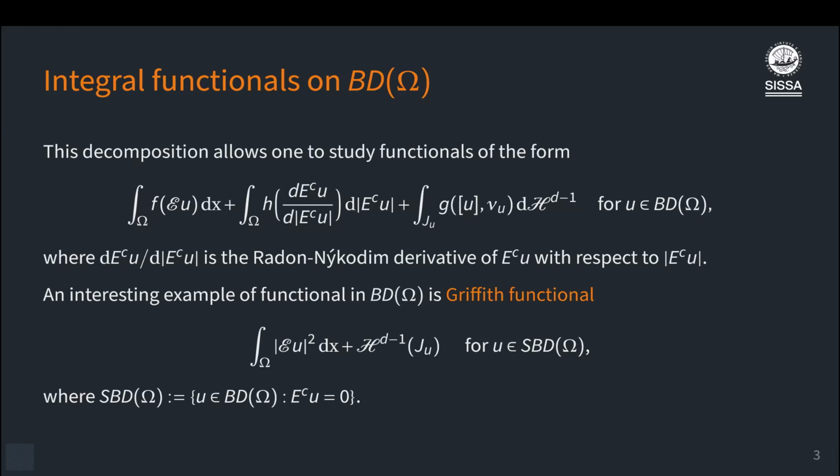You normally study it on SBD, which is the subspace of BD functions for which the middle term of the previous decomposition is not there. And this functional is very important, and it bears the name of Griffith because it is really relevant when one studies the fracture of brittle materials.